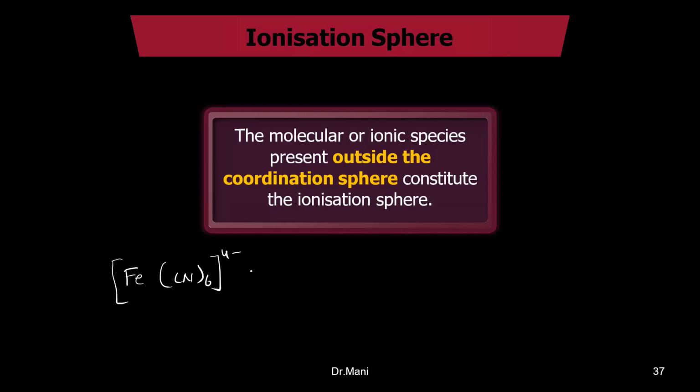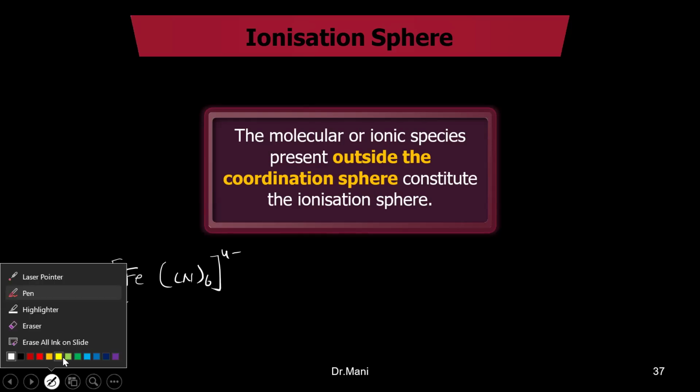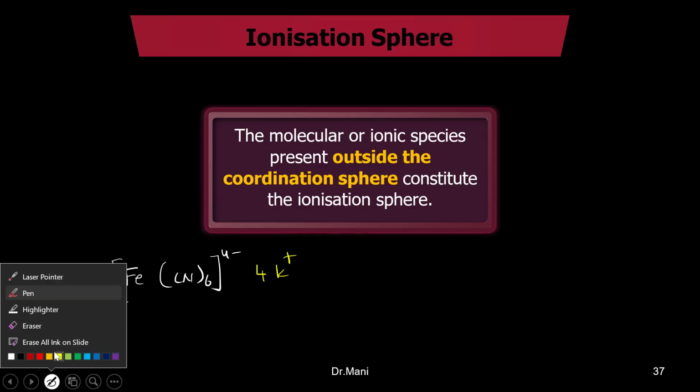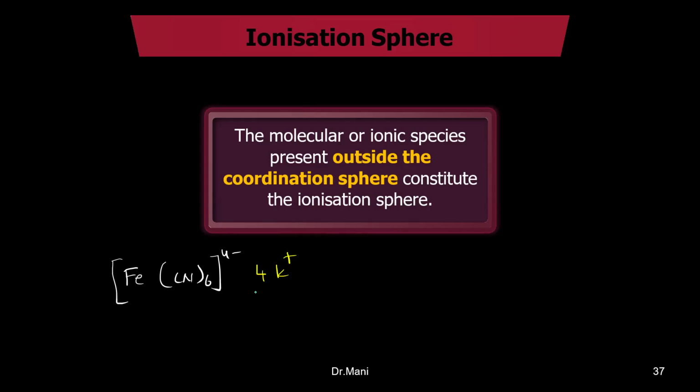What comes under the ionization sphere? This part comes under the coordination sphere, and it will be balanced by 4K plus. There will be K4 here, so whatever this 4K plus is, that comes under the ionization sphere.